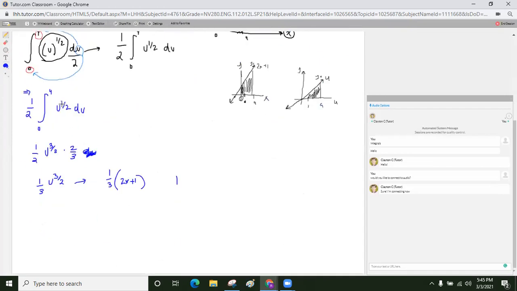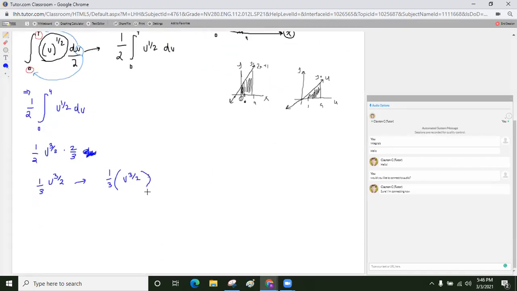Okay, so just because I think I know how to deal with it if it were in terms of x, let me just go ahead and have it in terms of u. So we would have u^(3/2).